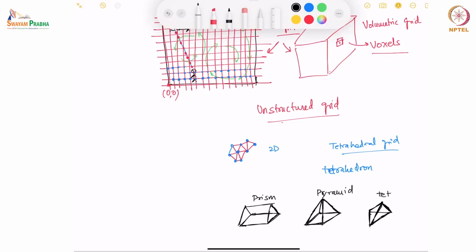So we use tets, short for tetrahedron, and if you collect a lot of them, the plural of tetrahedron is tetrahedra.